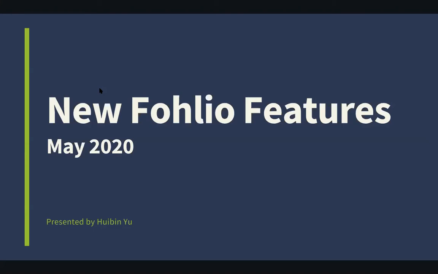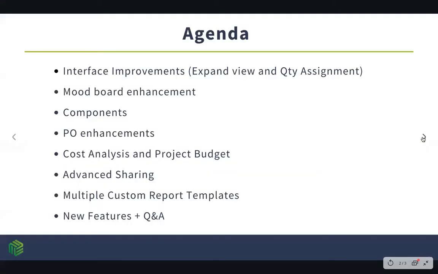So today we are going to talk about a faster way to assign quantities to your items, how to turn your mood boards into spec sheets without duplicating work, linking components to create custom furniture, how to analyze your costs according to supplier and PO status, secure and flexible sharing with external collaborators, and a lot more.